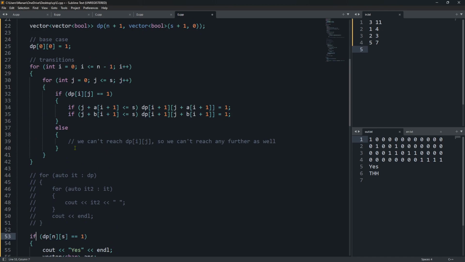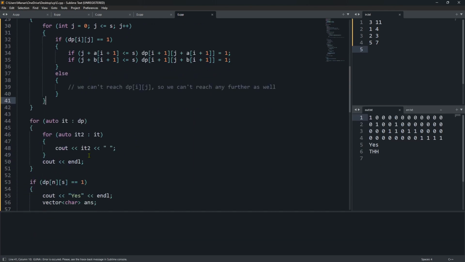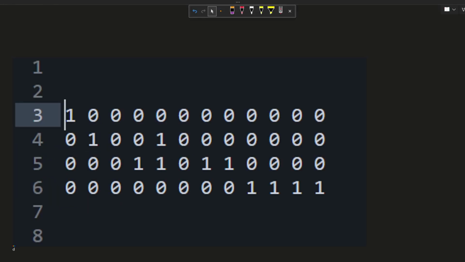So we have figured out whether it's possible or not, but we still also need to construct the answer. So let's just print this dp vector and see how our table looks, right? Okay, so this was our dp table, and we were solving for this test case n equals 3, s equals 11.